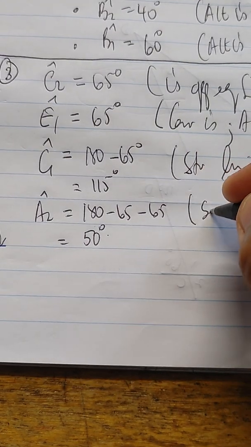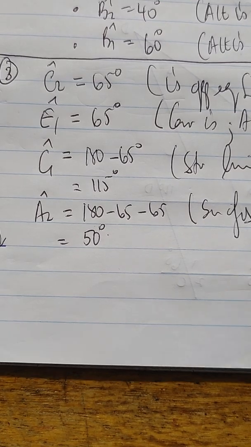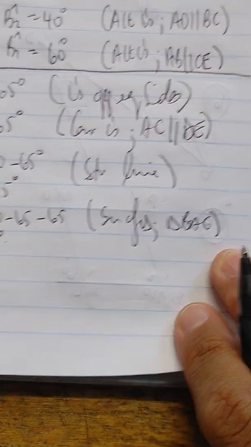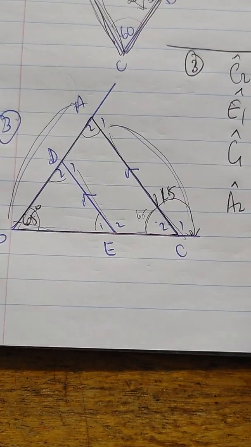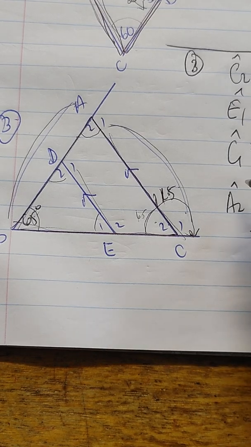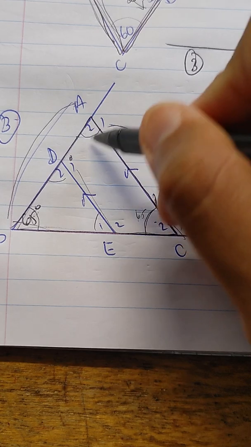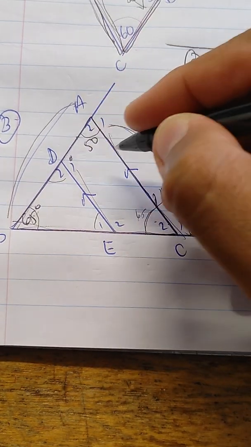And the reason here is sum of triangles. It's going to be triangle BAC. Or you could have said exterior angle is equal to sum of the interior opposite. It's A2 and then angle D1, as you can see here. So this is going to be 50 degrees.